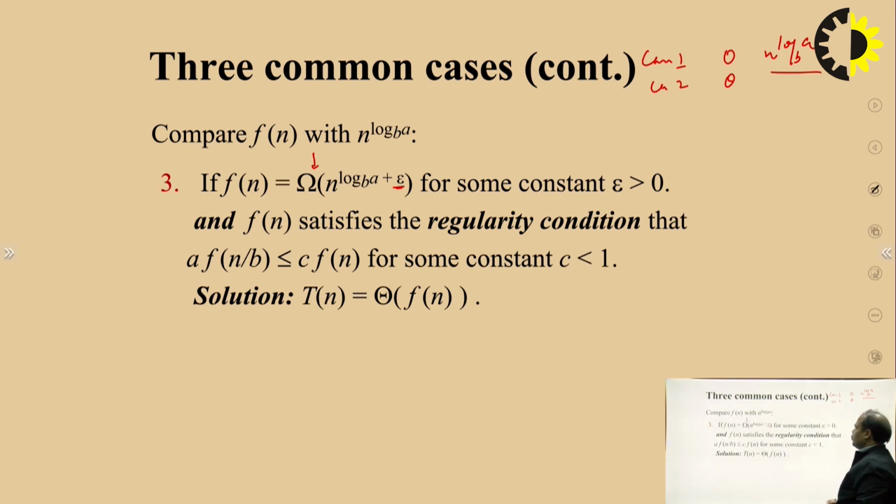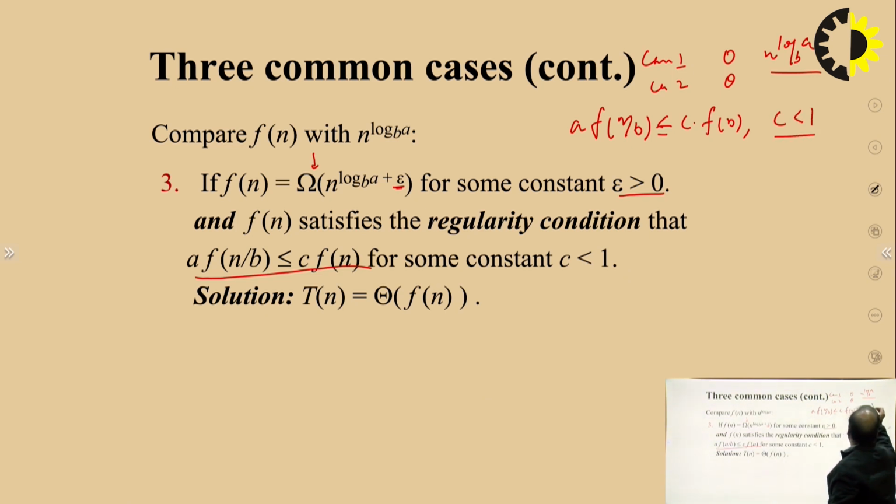So if this is the situation for some epsilon greater than 0, and together with this, if you are going to apply case 3 of the master method, make sure that the regularity condition is also satisfied. So what is the regularity condition? a f(n/b) is less than or equal to c into f(n), where the restriction on c is that c is a constant which must be less than 1.